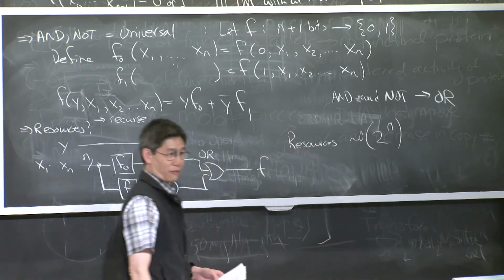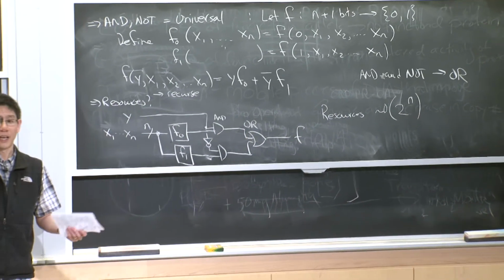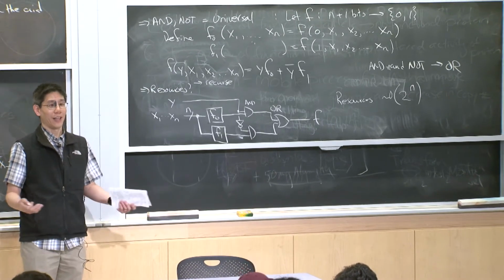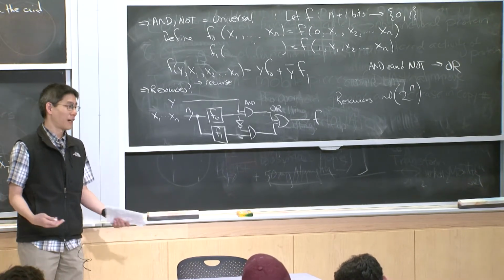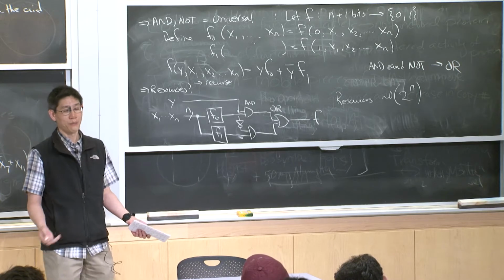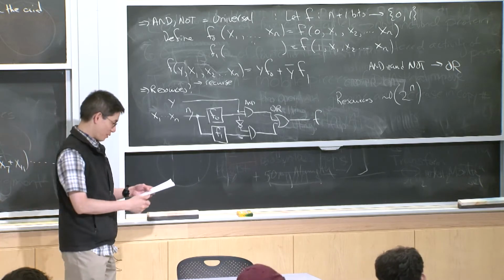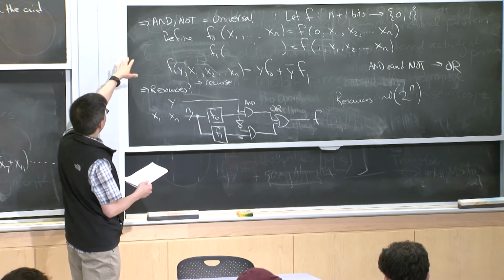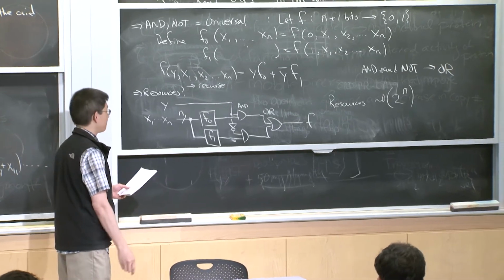And I'll use complexity notation and say that to realize an n-bit function using AND and OR and NOT gates, you need approximately 2 to the n of such primitive gates. And so now we can get at least the universality of the AND and the NOT.